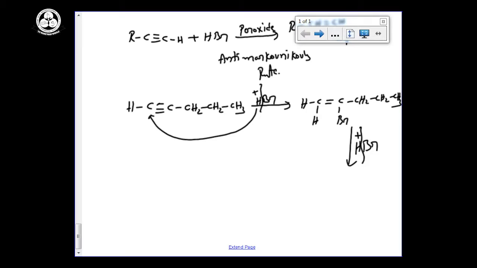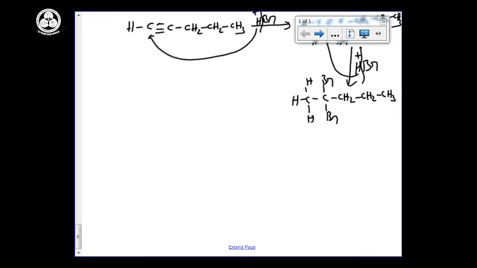H plus is added to the double bonded carbon atom having more number of hydrogens. Now you can get the answer like this: CH2, CH2, CH2. That is how we can prepare gem dihalides. This is addition of hydrogen halide.